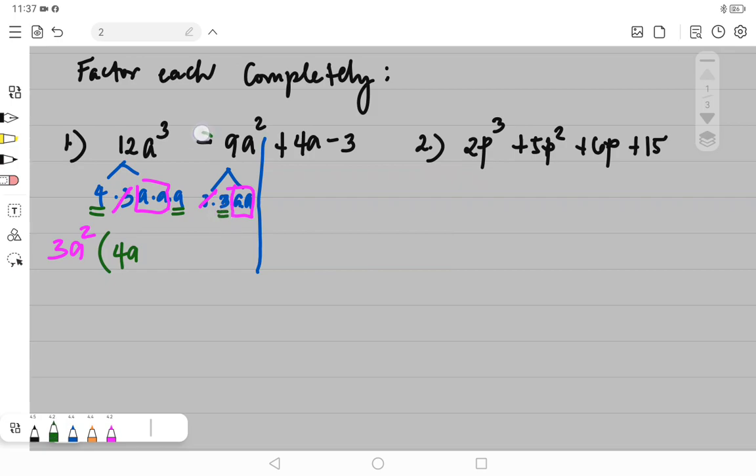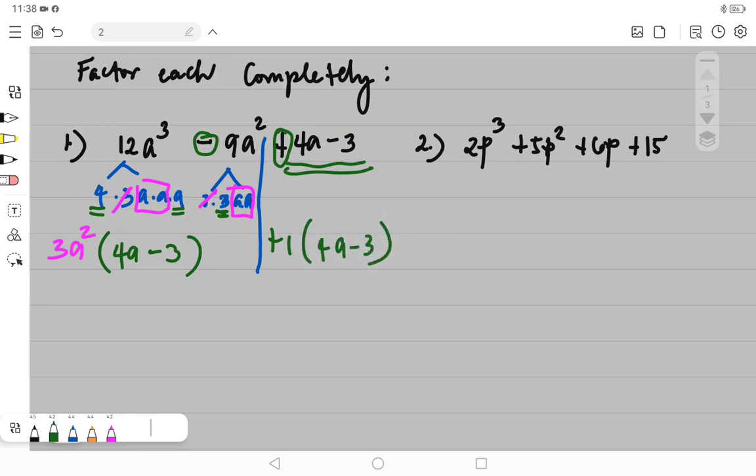Since this is subtraction, we put a minus sign and copy the 3. On the second group, there's no common number, so we just take 1, and since this is addition, we put plus 1 times 4a minus 3.